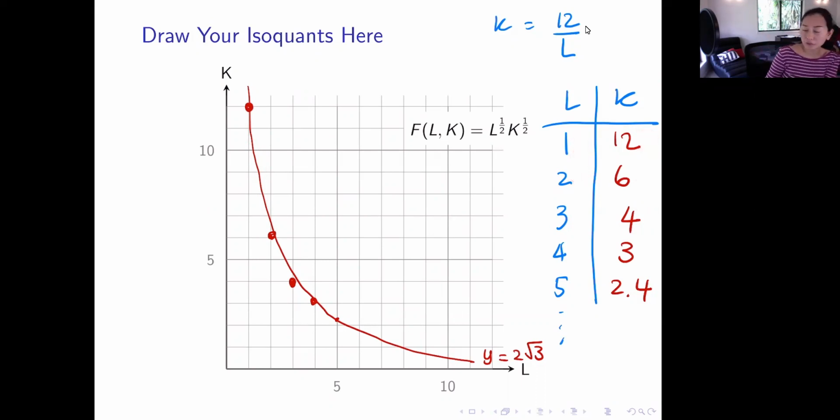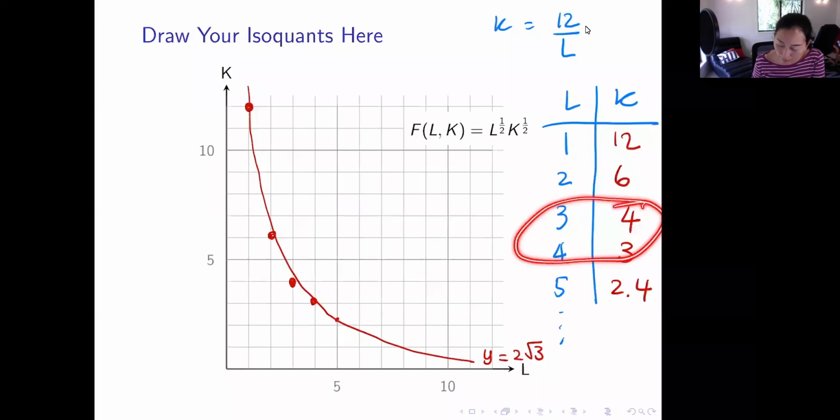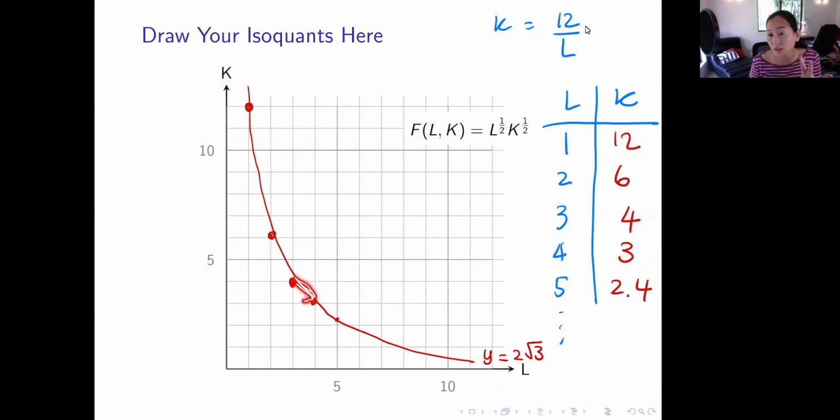But if you look at the MRTS between these 2 bundles of input, you can see that MRTS actually changes, because now change in K would be -1, change in L would be +1. So MRTS would be -1 divided by +1, which is equal to -1. Right, so this is going to be MRTS at that particular point.